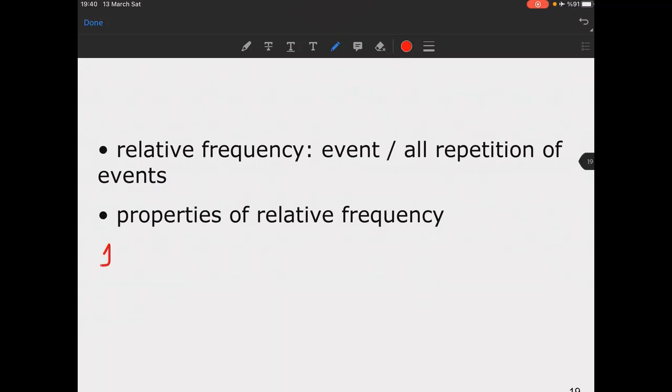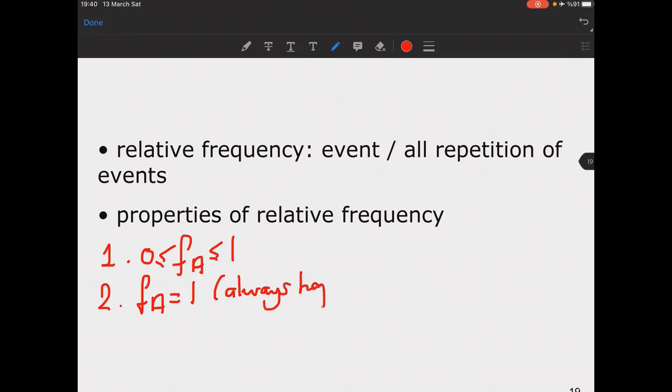The first one is that it would be something between 0 and 1. And the second one is F(A) equals 1. It means that it always happens. No matter what, it will always happen.